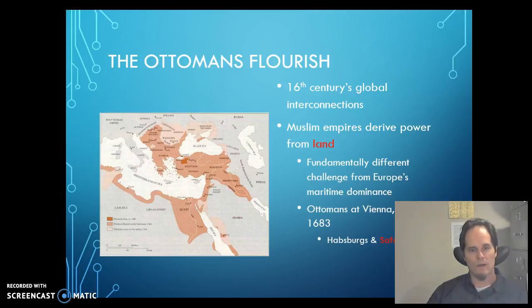But they had also, as they were eyeing up and looking at Constantinople, early sultans of the Ottoman Empire had bypassed it, and I don't know if this is going to show, but here's our Constantinople, right?